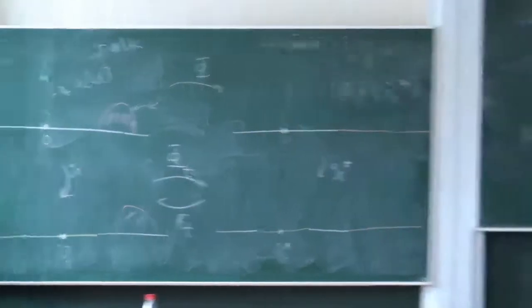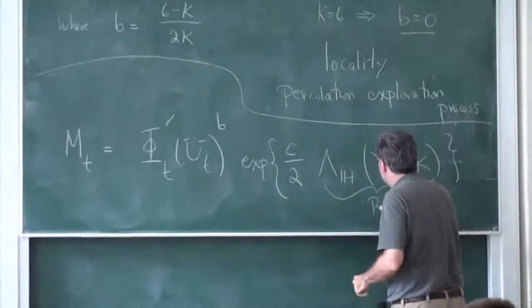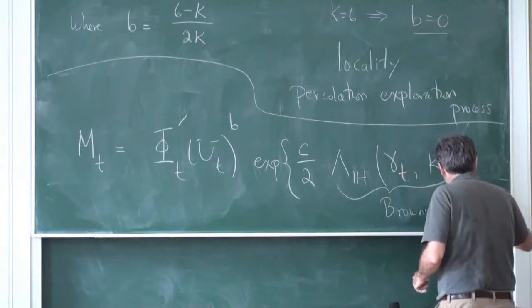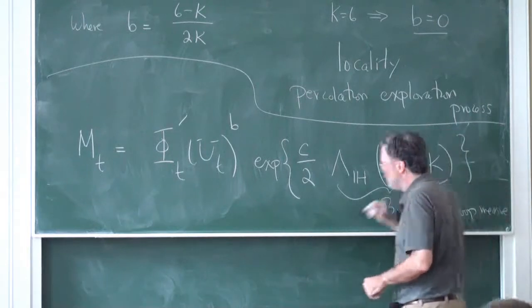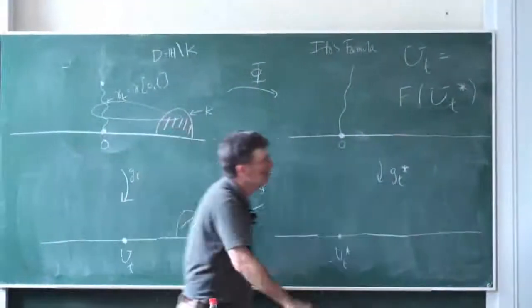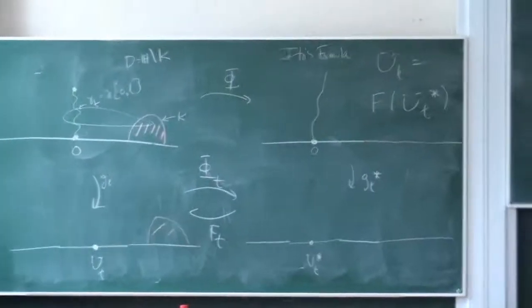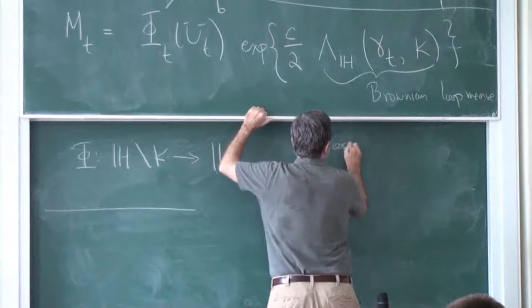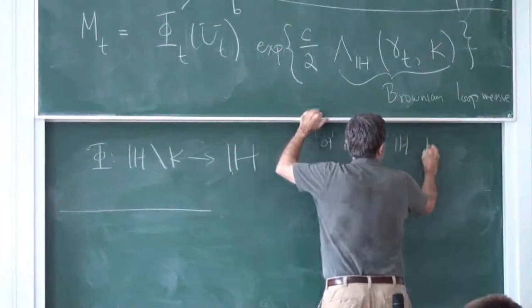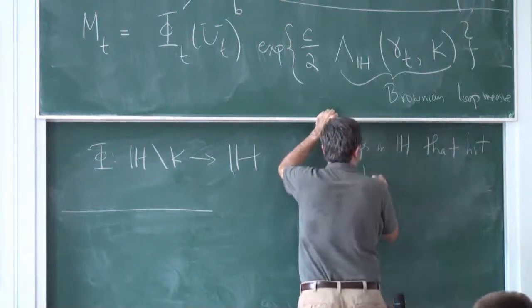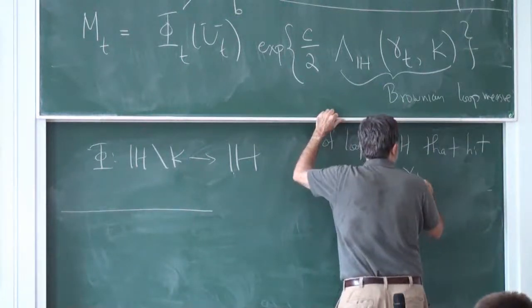This is the Brownian loop measure of loops that hit both k and gamma t. Brownian loop measure of loops in H that hit both gamma t and k.